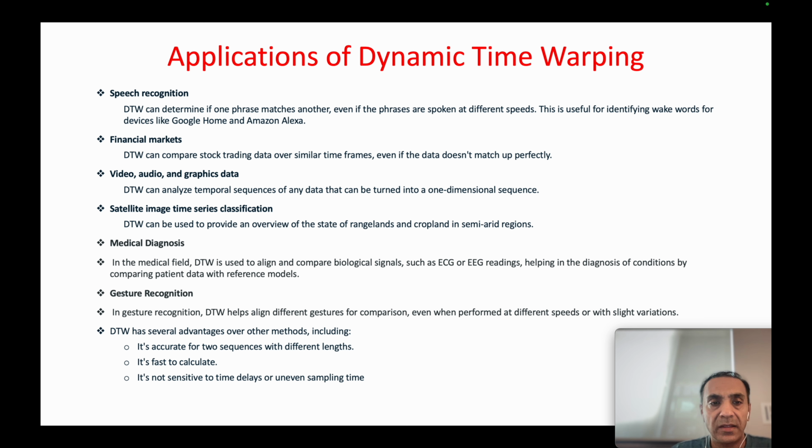In medical diagnosis, DTW is used to align and compare biological signals such as ECG or EEG readings, helping in the diagnosis of conditions by comparing patient data with reference models.